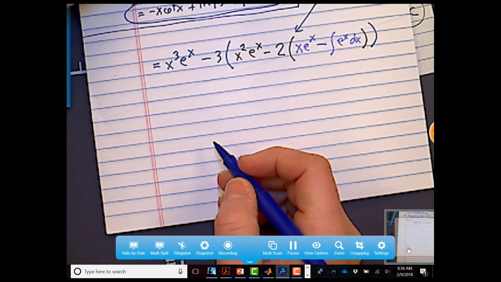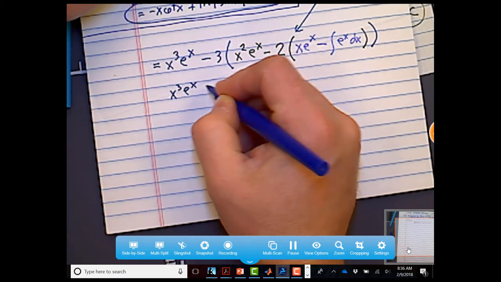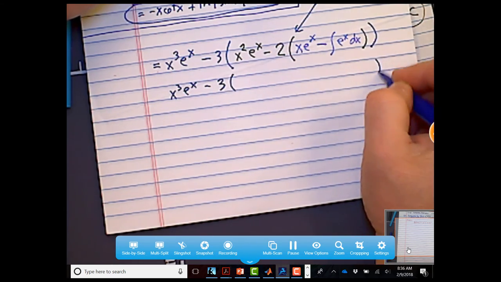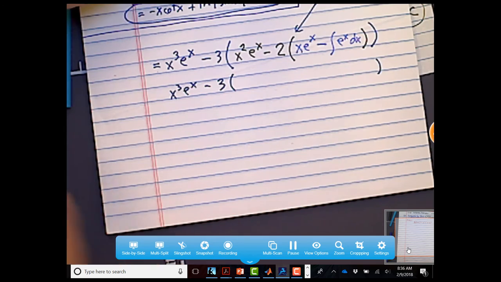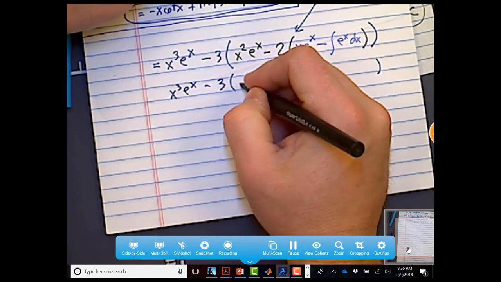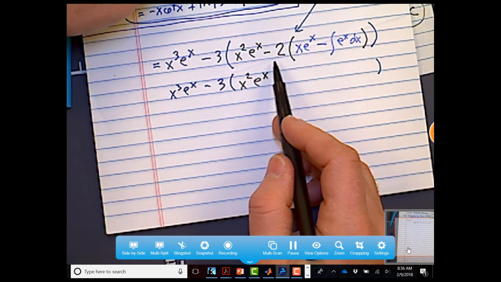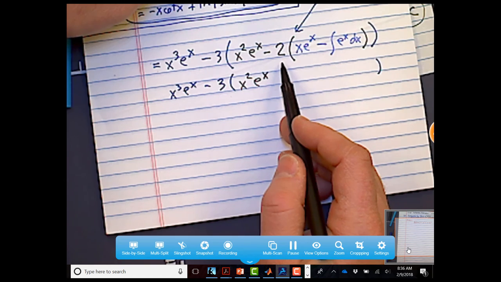Let's see. We have x cubed e to the x minus 3 times a bunch of stuff. And this was x squared e to the x. And I think what I'm going to do, guys, is distribute the negative 2 right now.